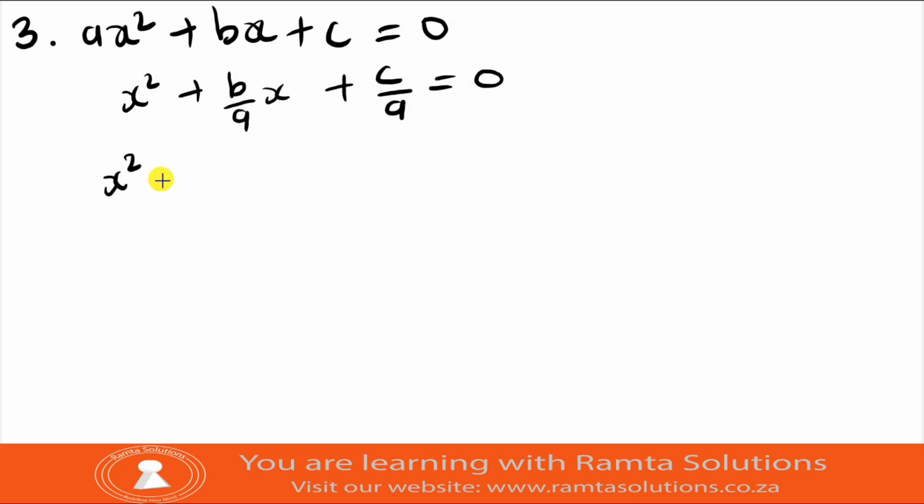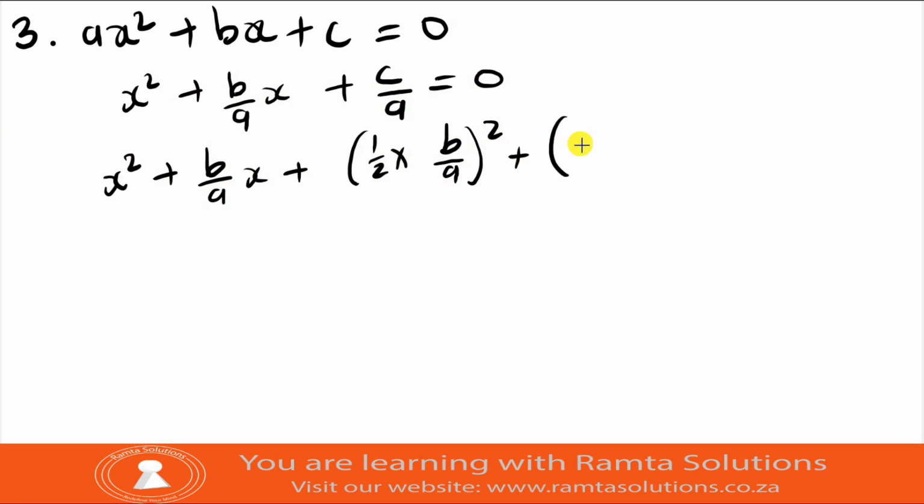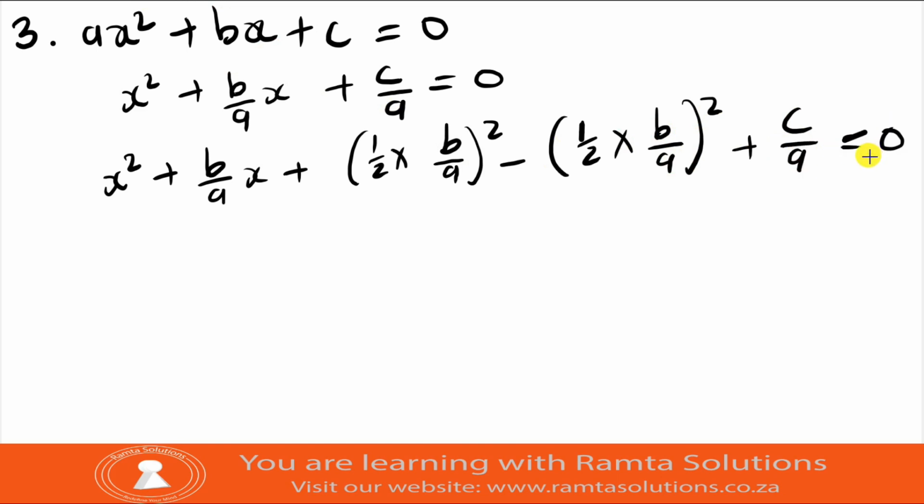So this is x squared plus b over a times x plus half times b over a all square, minus, sorry, this should be a minus, I forgot, I'm sorry about that, minus half times b over a all square plus c over a equals 0.